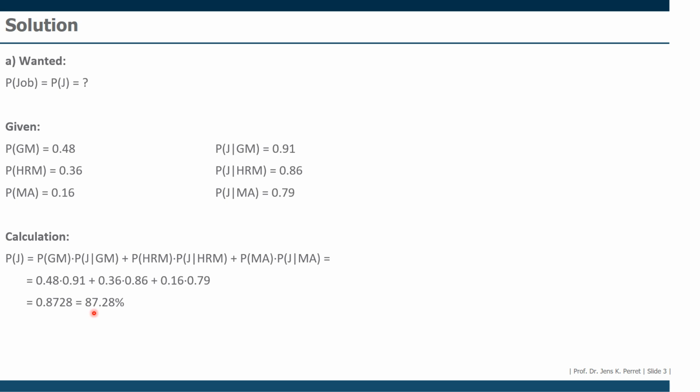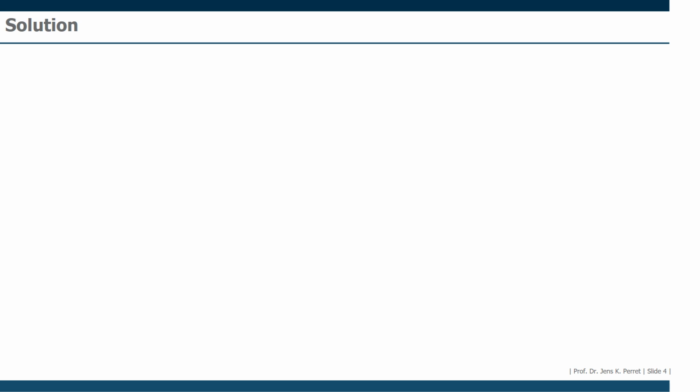Well, that was already part one. So let's turn to the second part. Here, what we're looking for is the probability that someone studies HRM under the condition that he already found a job after a certain period of time. If we recall the last slide, we already have a probability where those two are the other way around.